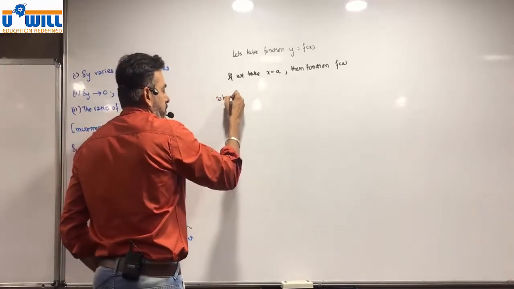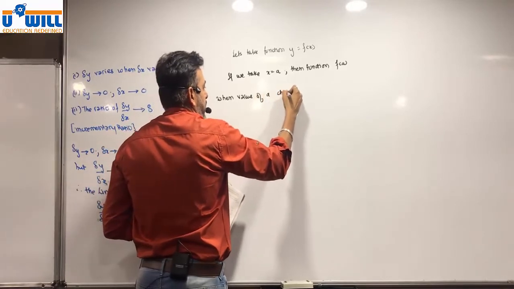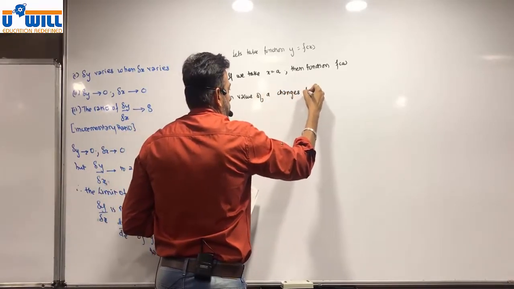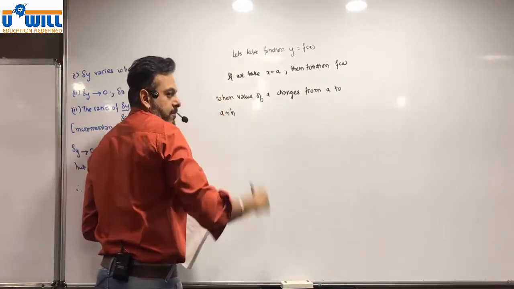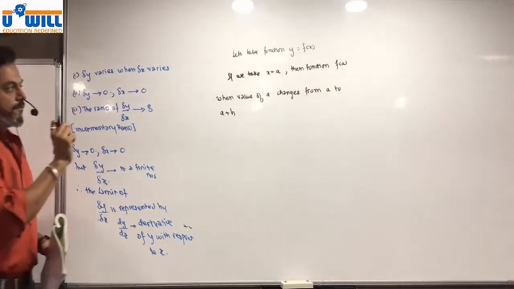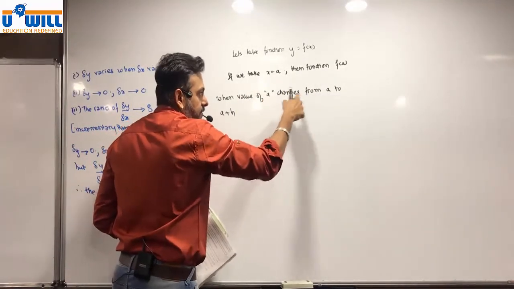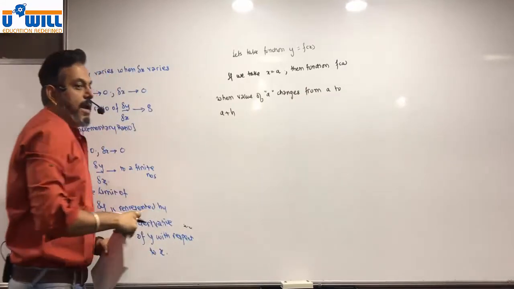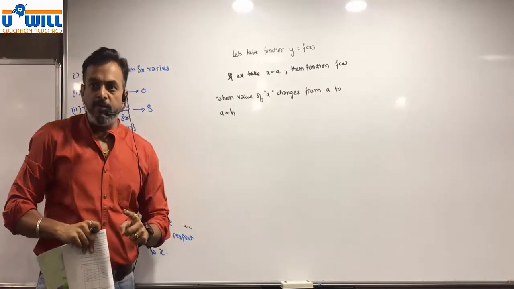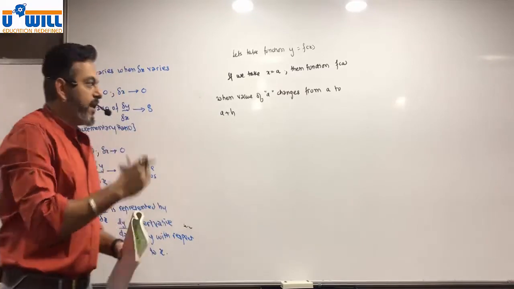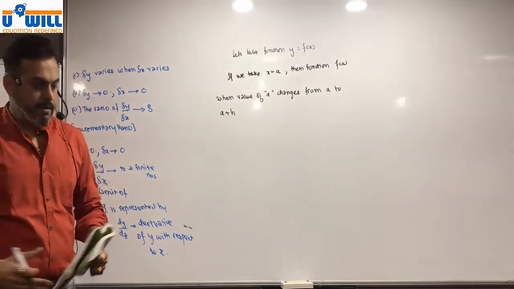Now, when value of a changes, write like this, changes from a to a plus h. यानी पहले a था, अब क्या हो गया a plus h. समझ में आया सबको? ओके, चेंज हुआ, पहले a था अब हो गया a plus h, कुछ ऐड हो गया उसमें.